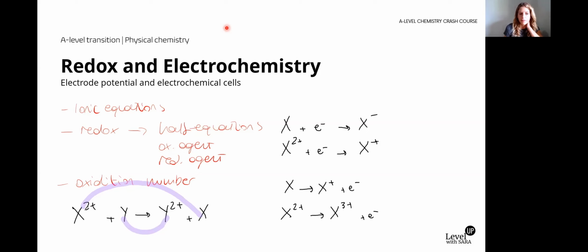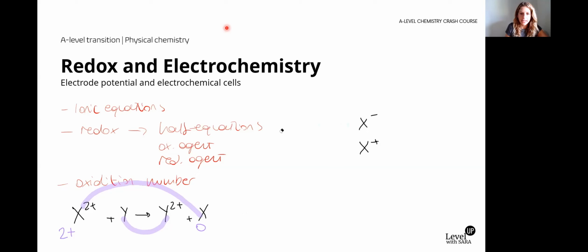So X goes from 2+ to 0. Either looking at the charges, or the oxidation number, it is the same. You can also write it as the half equation, so let me do this to make it a bit more clear. If you write the half equations, you can also simplify it as the transfer of electrons. So if it goes from 2+ to 0, what has happened? It gained 2 electrons. There we go, the half equation, and it tells you this is definitely reduction because it gained electrons.